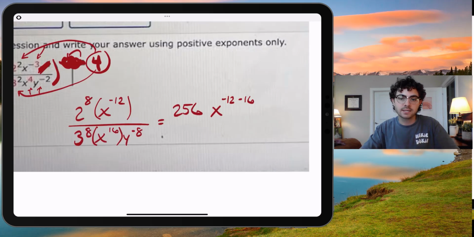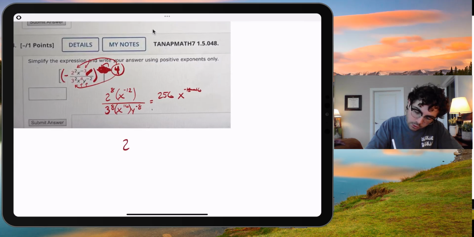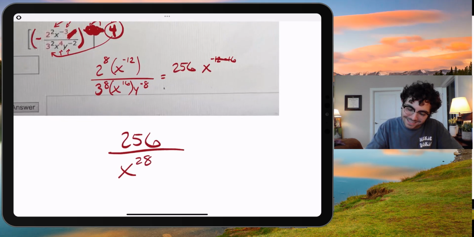So you just add the 16 and 12 and get 28 on the bottom. Either way, let's write it down here. 256. Either way, you get an x to the 28th in the denominator.